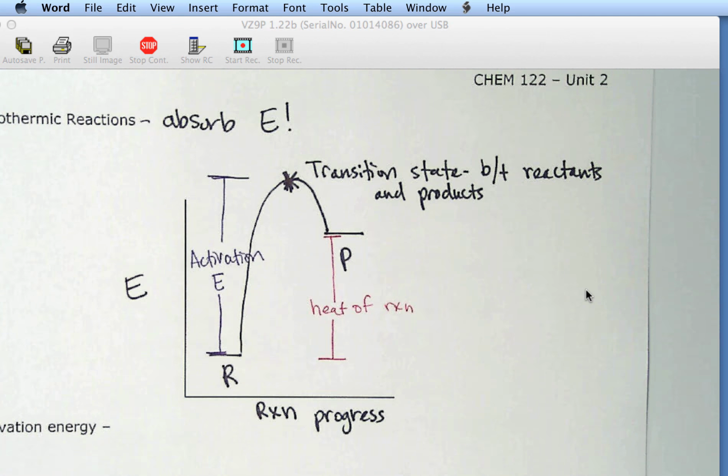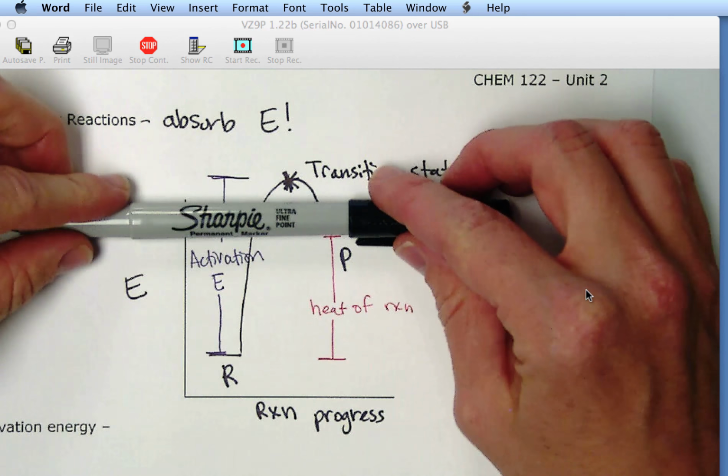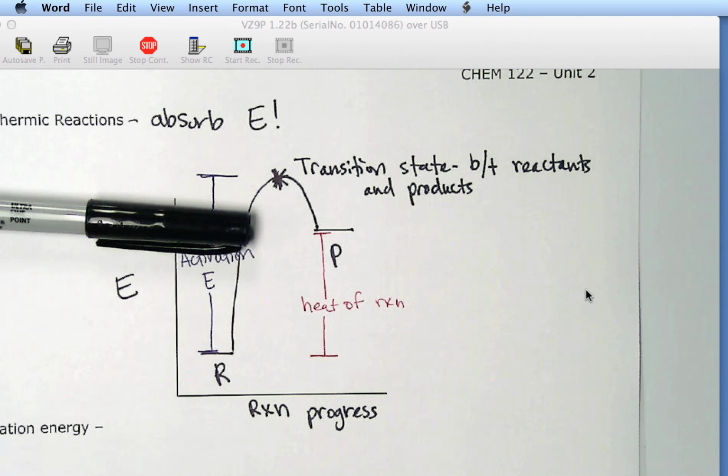So, some days when you're feeling kind of low or you don't have a lot of energy, you might be lying on the couch watching TV. You can think of the activation energy as the amount of energy required to get you off the couch and to turn off the TV. If you don't have enough energy to get completely up, you're never going to get off the couch. So if you put in, let's say, only this much energy, this reaction will not go. Even though you're providing energy for the reaction, it's not enough.